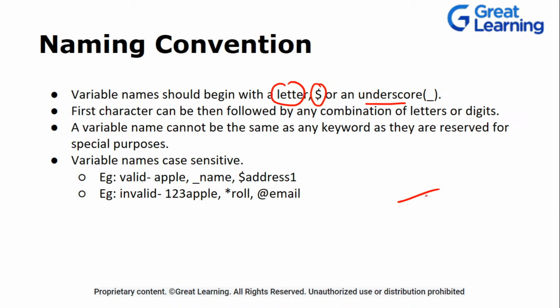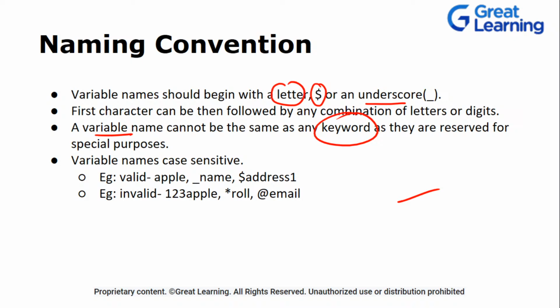After that, there can be digits, numbers, any combination is possible, but the first letter should be this. Also, variable name cannot be the same as your keywords. Keywords are reserved for special purpose. For example, var is a keyword, let is a keyword, const is a keyword.